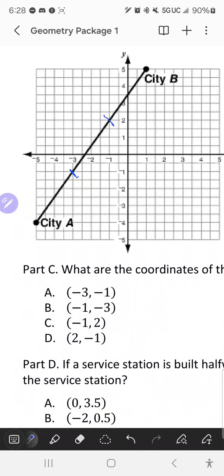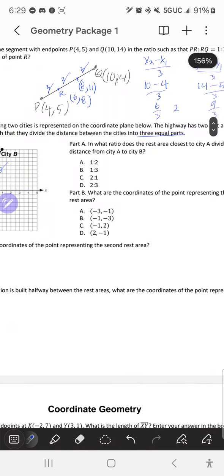So I know this is equal. This is D, this is D, this is D. This is the first rest area that I will call rest 1, and this is the second rest area, which is rest 2.